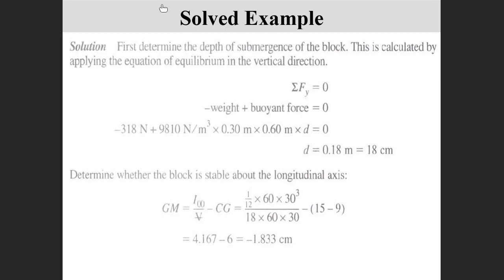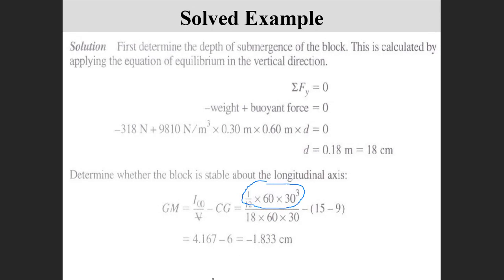That is the most confusing part. So this is IOO, 1 over 12 AB cube, right? 1 over 12 AB cube is the second moment of inertia about the center of gravity for a rectangular shape. The volume immersed is 18 by 60 by 30 minus CG.